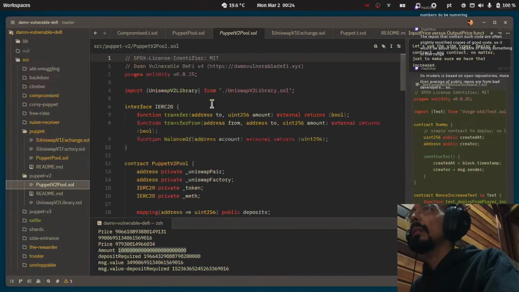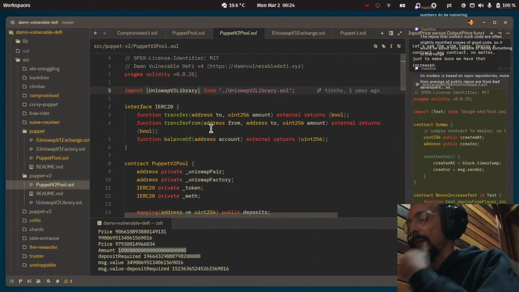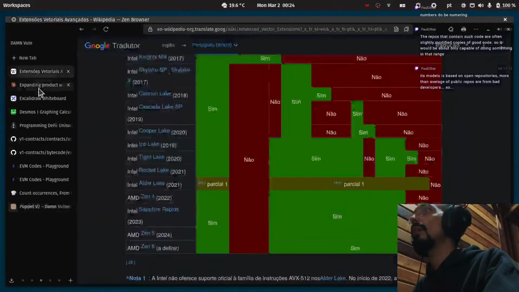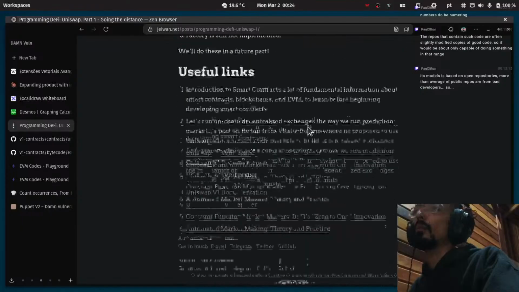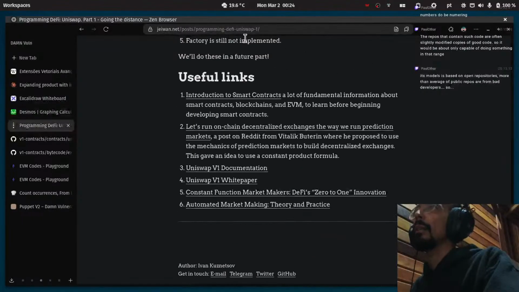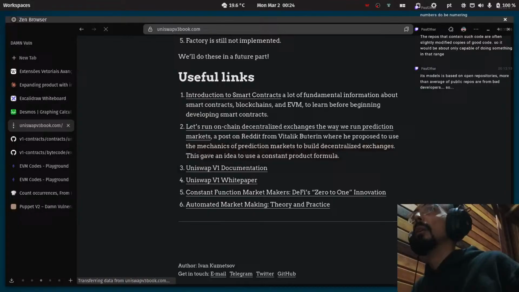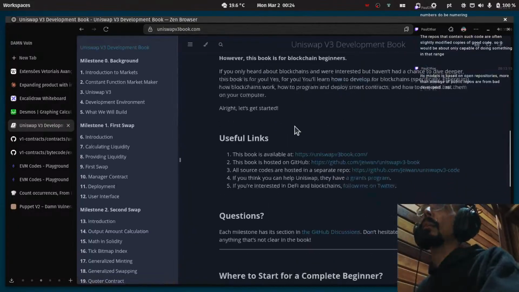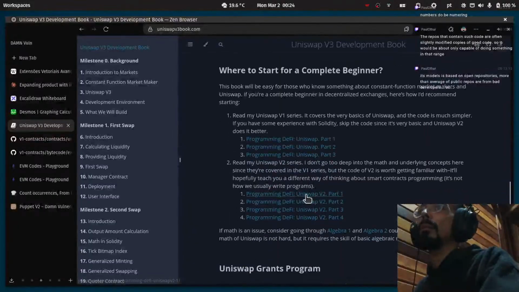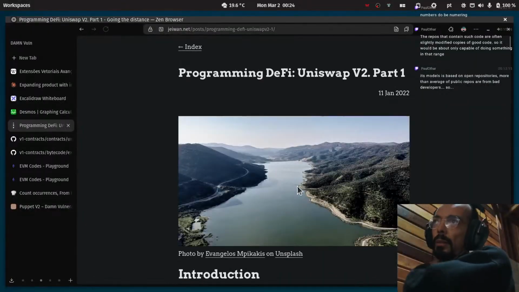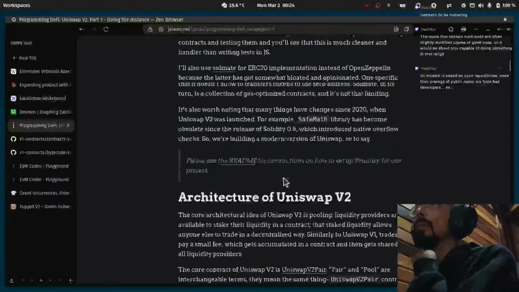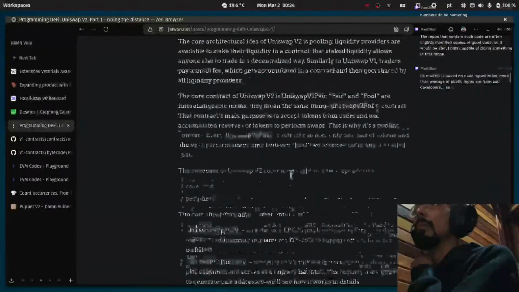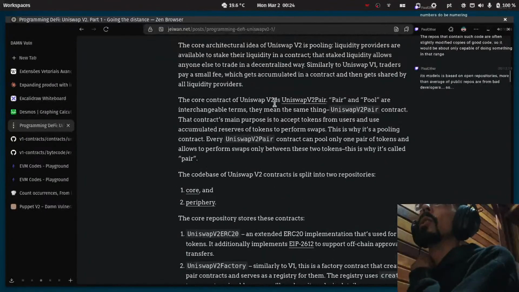So the difference here is they're using V2 now. So all that knowledge we have from the V1, we don't kind of need it anymore. So let's go to book V3, because inside the book they had links for V2, first part series. They're gonna say how that works.